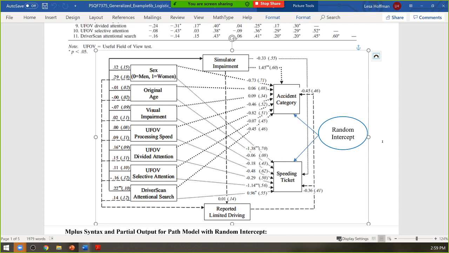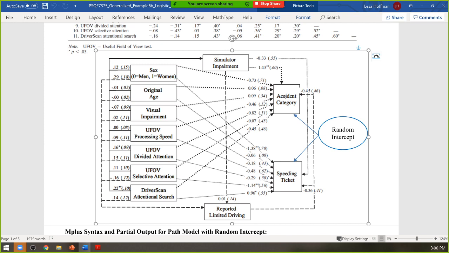In the original paper, I stated that the model was just identified, and so it fit perfectly. But that is not actually true. There is no direct path between accidents and speeding tickets as my multivariate outcomes. The reason for that is because I didn't want one to predict the other, and when I tried to add a covariance, Mplus wouldn't let me.